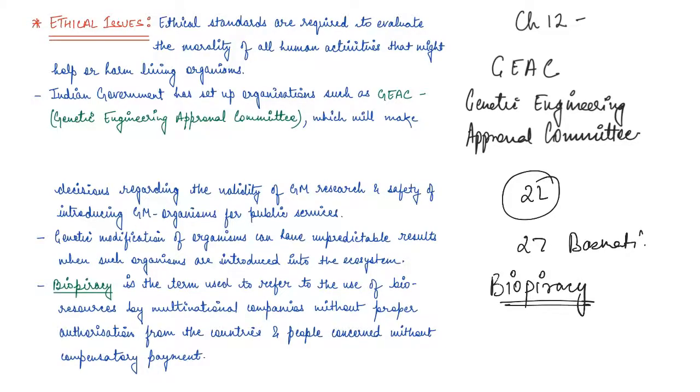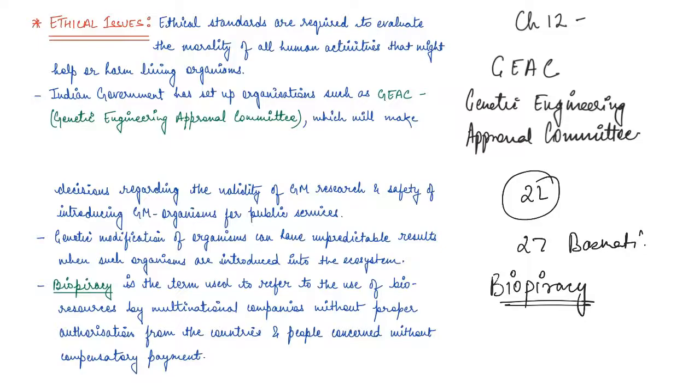So basically, biopiracy is the term which means use of bioresources by multinational companies or other organizations without proper authorization from the countries and people which are concerned, without compensatory payment, right? So say if I own something and if you want the same item, you cannot just come and steal it, right? What you will do is you will come, you'll ask me if I want to give it to you, and if I say yes, I would ask for a compensation against it, right?